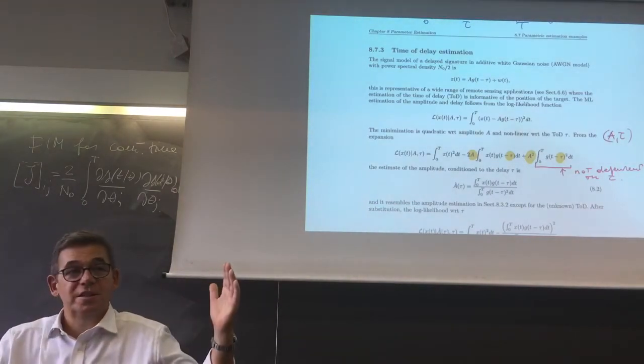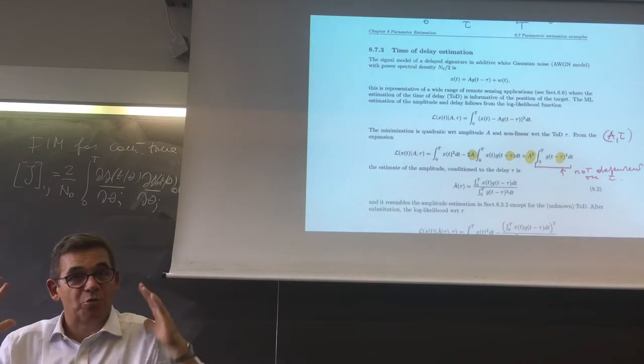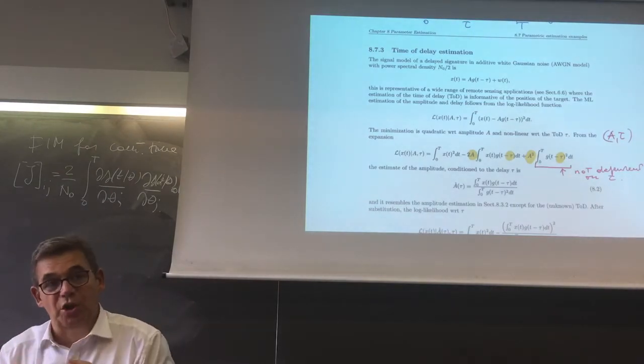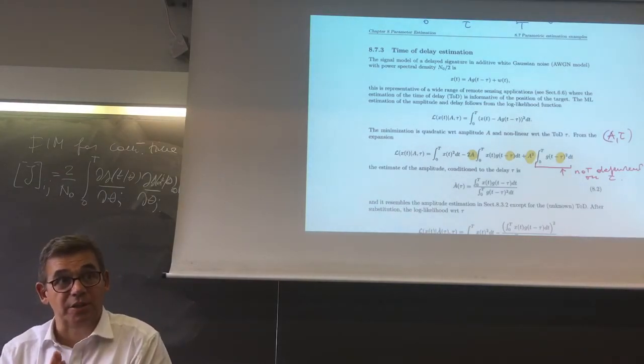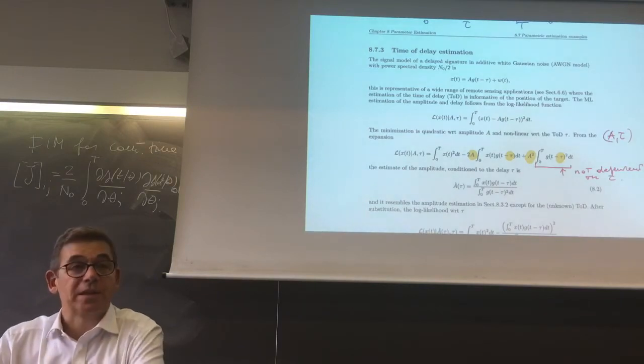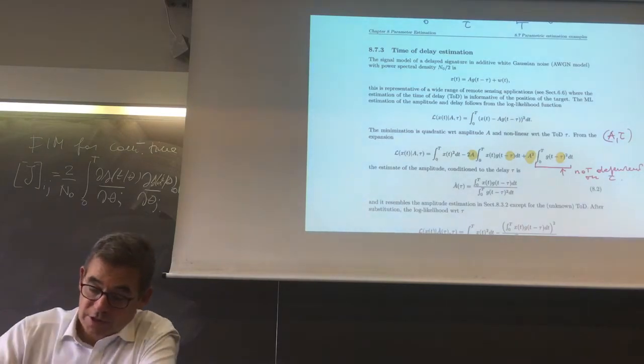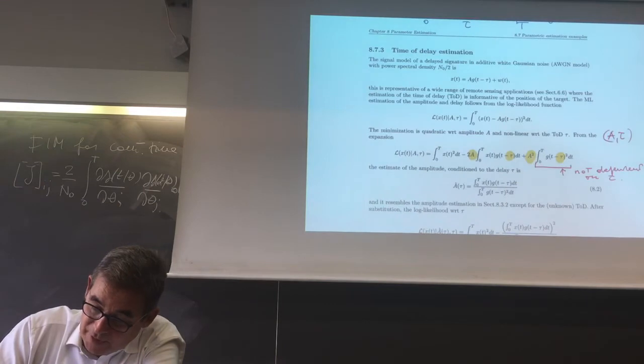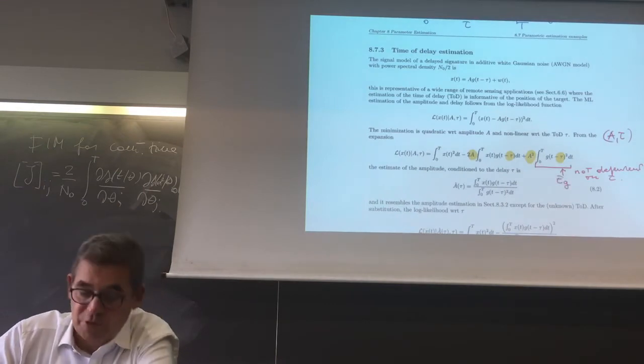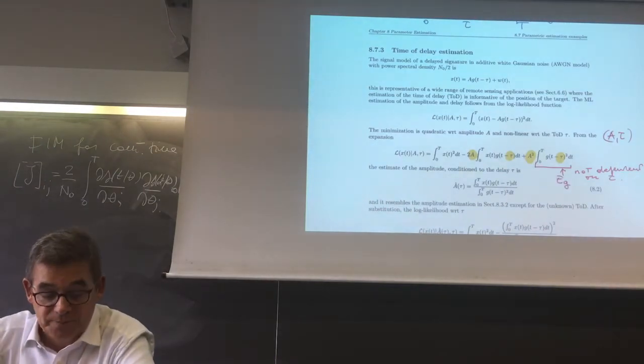Since I'm considering that the delayed waveform is fully contained in the capital T interval, this term is not dependent on tau. Specifically, this term is the energy of the waveform G.